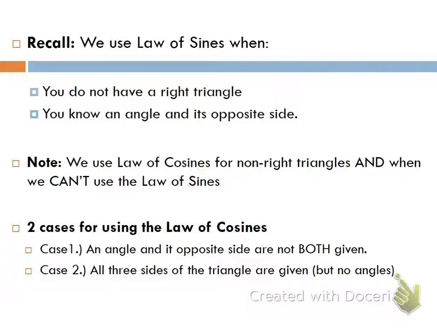There are two possible scenarios for using the law of cosines. One case would be an angle and its opposite side are not both given. The other case would be we are given all three sides, but not given any angles. In either one of these situations, we would not be able to use law of sines.